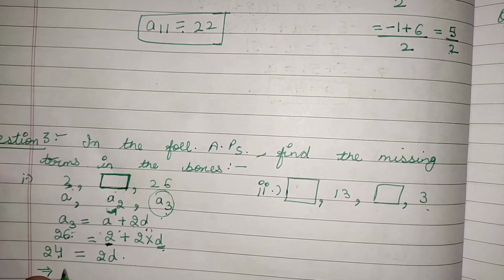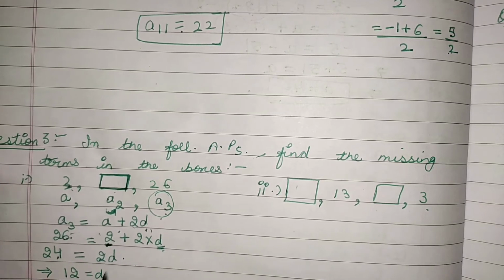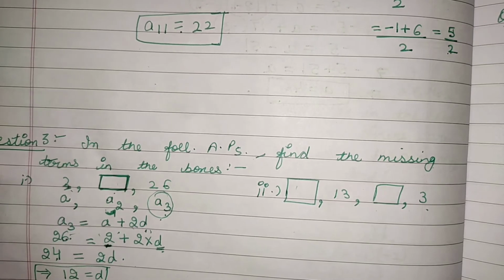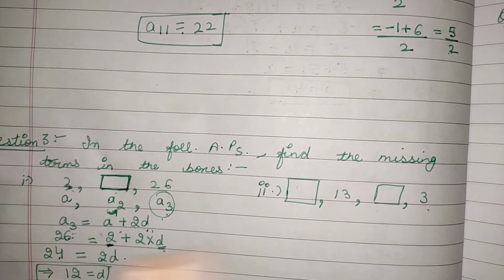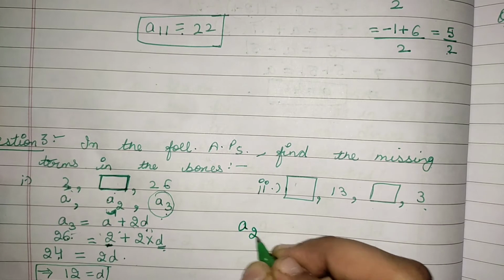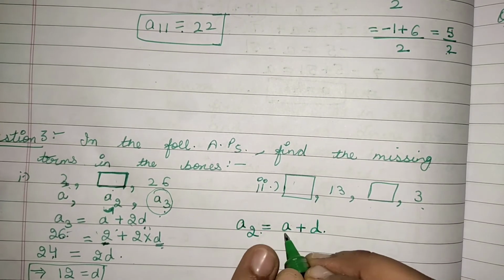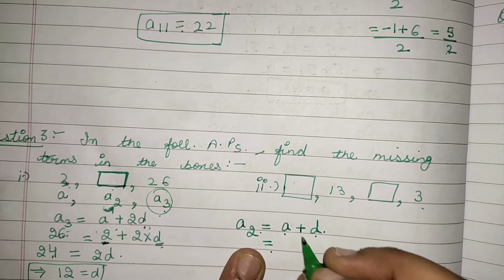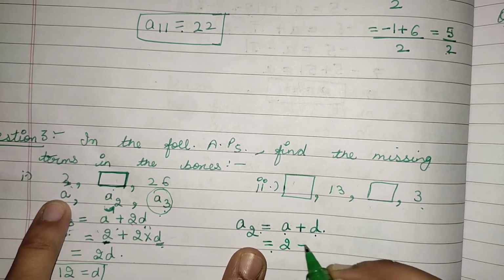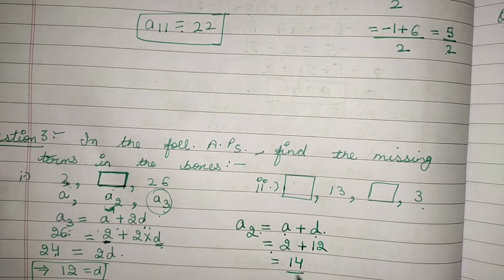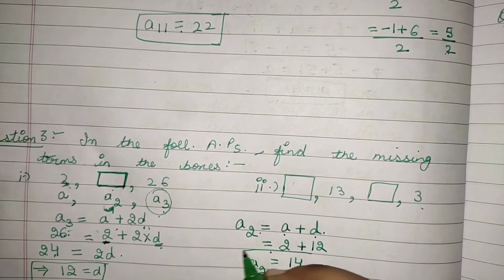So 2 gets divided here, and the common difference is d equal to 12. Now I know the common difference, and the formula for the second term is a2 equals a plus d. a is 2 and d is 12, so my second term will be equal to 14.